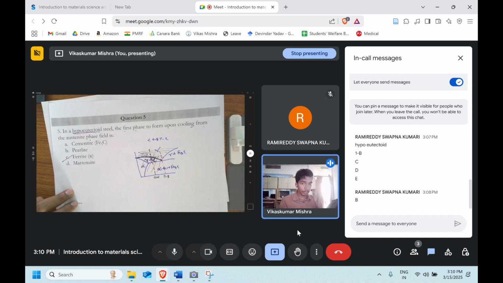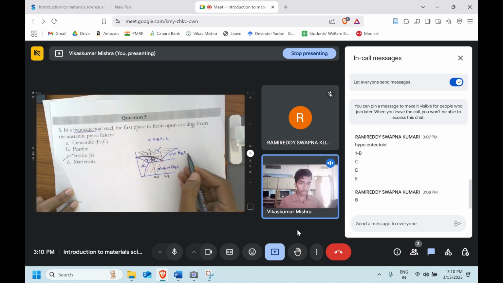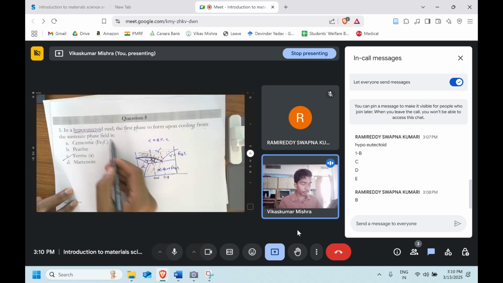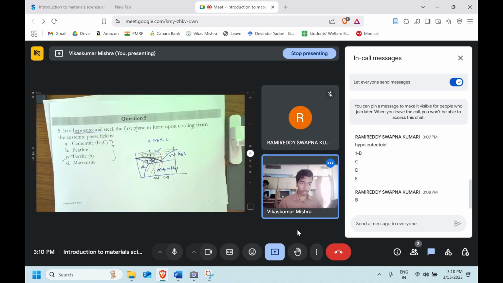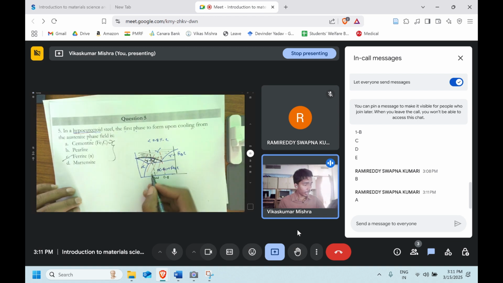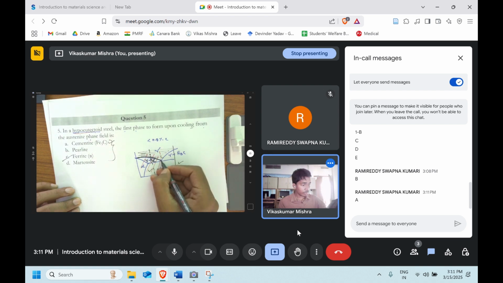Clear? Similarly, if someone asks you what would be the first phase to form for the hypereutectoid, then in that case, what will we answer? Let's say we are in this particular region. The answer will be among these. Which one will it be? What do you think, Rami Reddy? That will be option A. Perfect. So the hyper we got to know. What about the eutectoid?